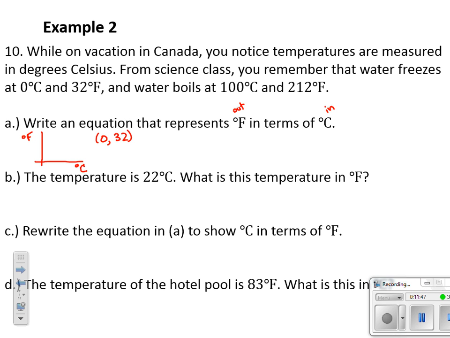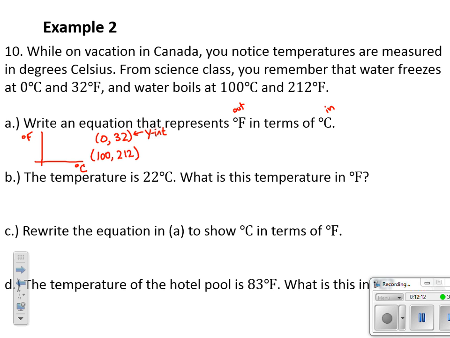And since that X value, or C value in this case, is 0, that is going to be our Y-intercept, or our F-intercept. But that's really useful. That's going to be our plus b in our y equals mx plus b. We've also got the point that if our input is 100 degrees Celsius, that is 212 degrees Fahrenheit.